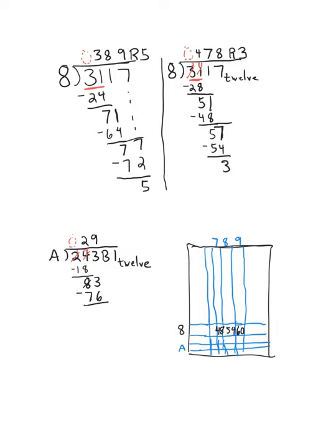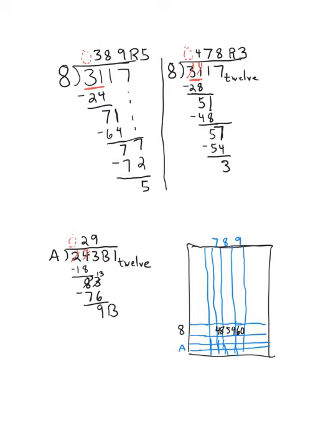And we subtract. We need to borrow, so this becomes a 7. This becomes a 1, 3. We're thinking of this as 15, 12 plus 3. Remember, we're in base 12, so 12 plus 3 is 15. 15 minus 6 is 9. And 9 is less than A. We're good to go. We bring down our B.